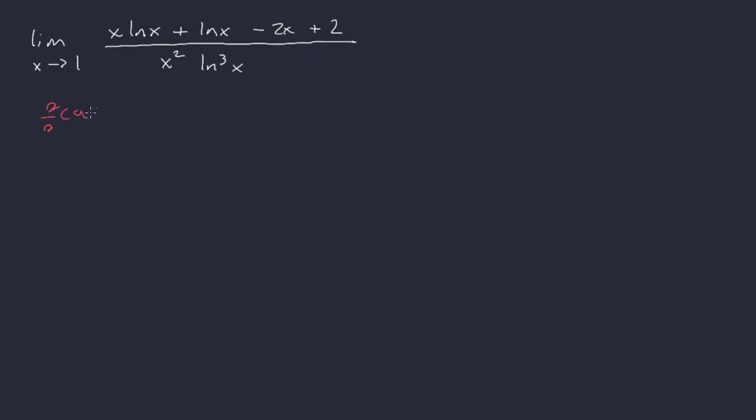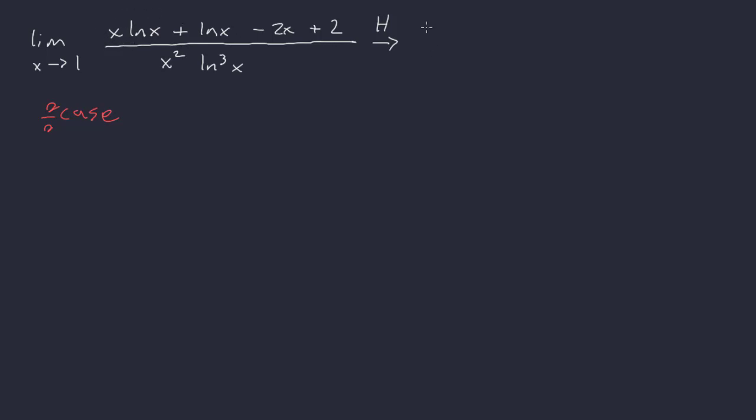So thankfully there's not much extra work to do here to get started, but this is going to be one of those where the derivatives are going to be where it gives us problems, right? So we can apply L'Hopital's rule. When we take the first derivative here, that's going to be a product rule.